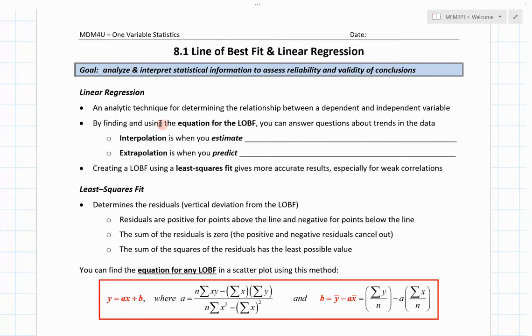You might remember this from grade 9. An interpolation is when you estimate between known data values. And extrapolation is when you predict beyond the range of data.